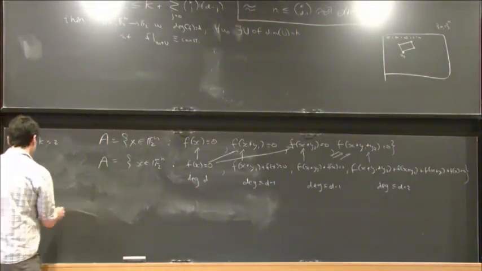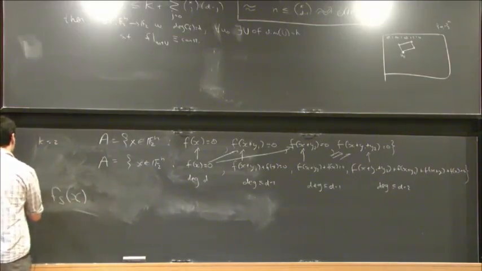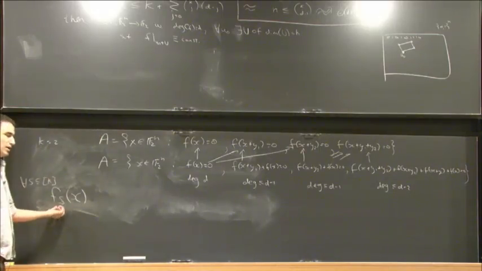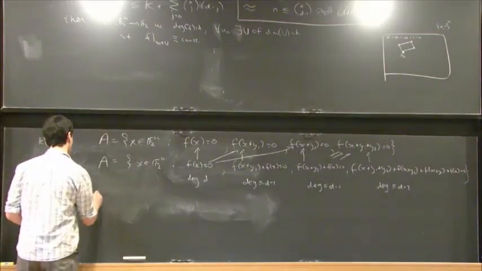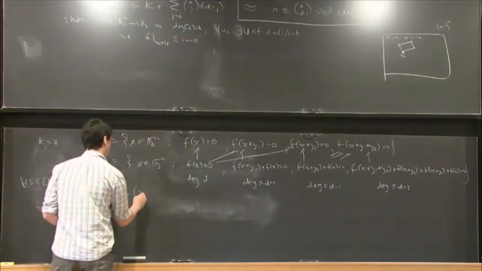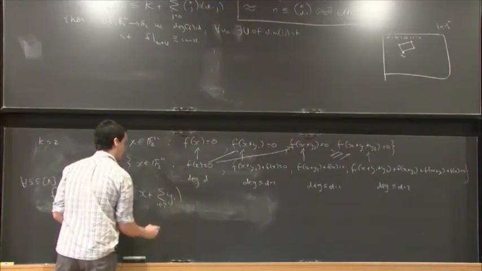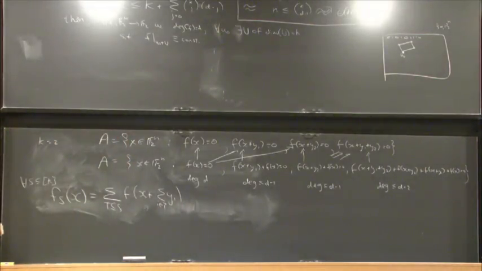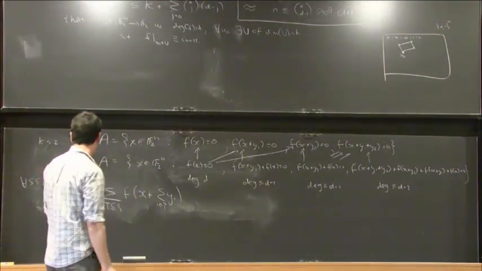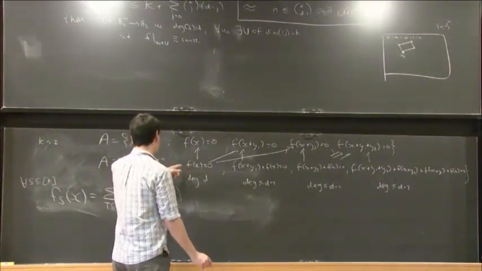To generalize this, for any subset S of the numbers 1 till k, we take the new polynomial f subscript S of x to be the sum over all subsets T of S of f of x plus the sum of yi where i is in T. Let me give the correspondence between this and this.